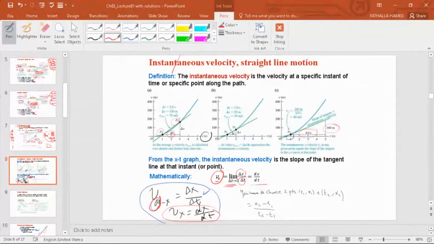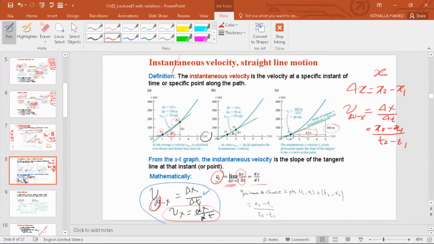So far, we talked about position, which is x, and then we talked about displacement, which is x2 minus x1, and then we talked about the average velocity, Vx, which is delta x over delta t, which is x2 minus x1 over t2 minus t1. And then we talk about Vx, which is instantaneous.